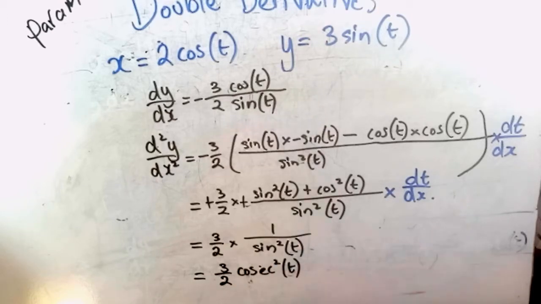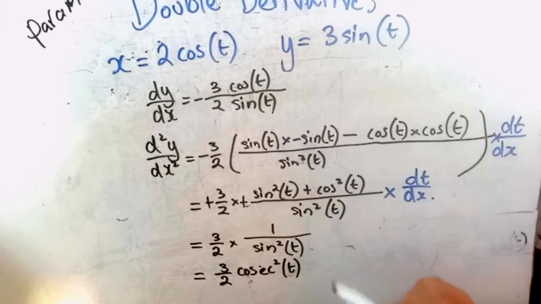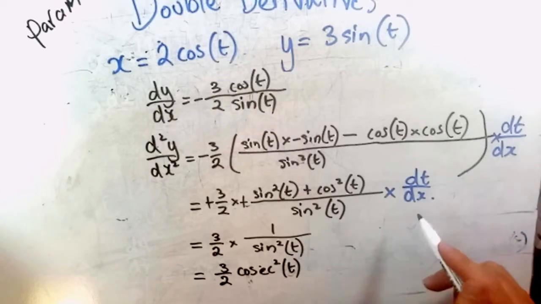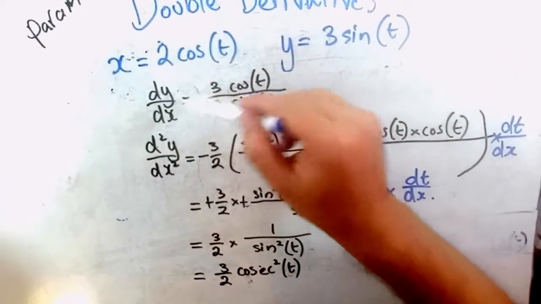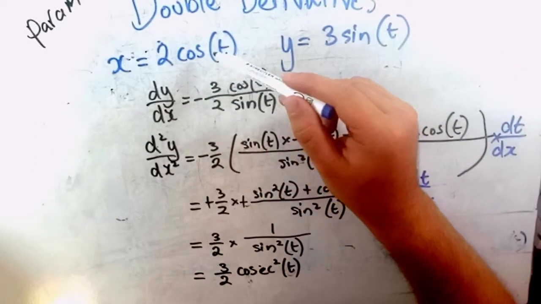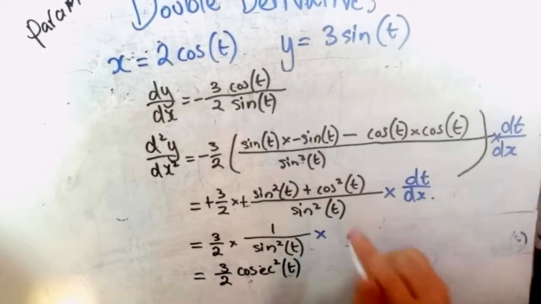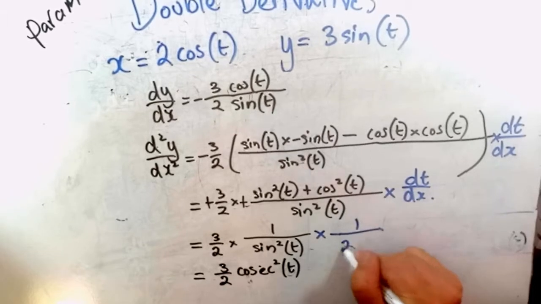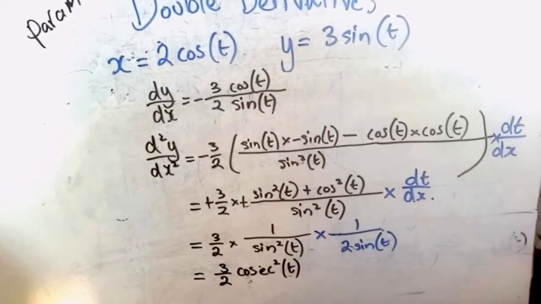Okay, this is what happens when you only take one take in a video. Make mistakes, do silly things. So we know what dt/dx is. We've already taken dx/dt, which was negative 2 sine of t. So I need to multiply this by negative 1 on 2 sine of t.